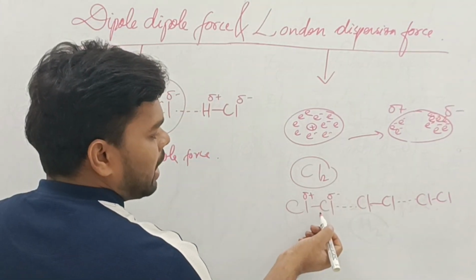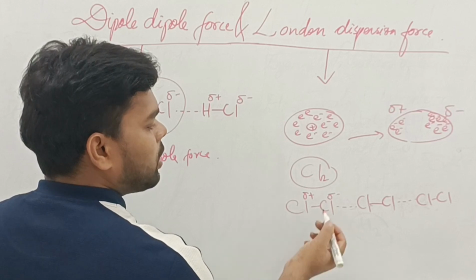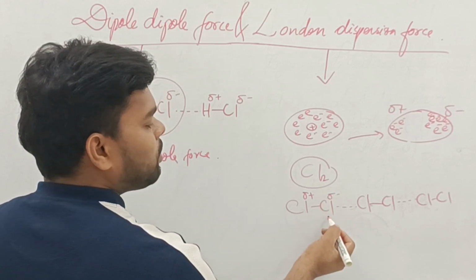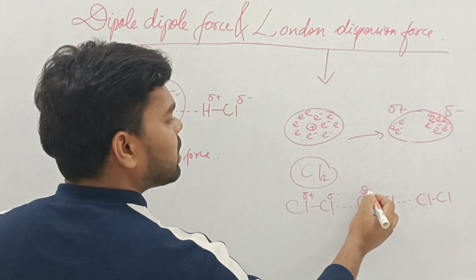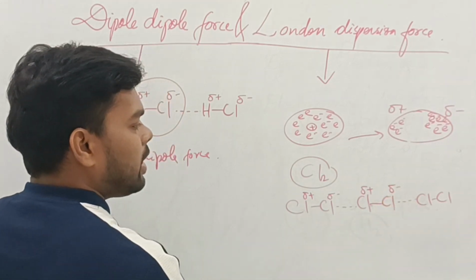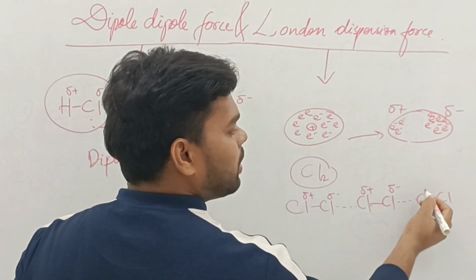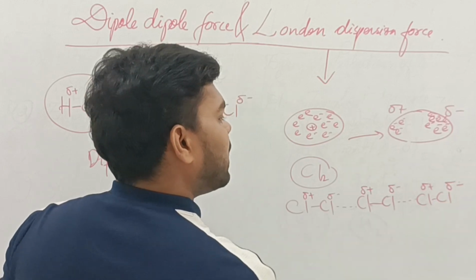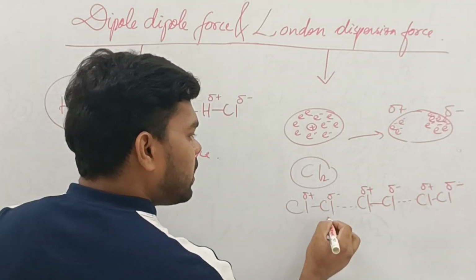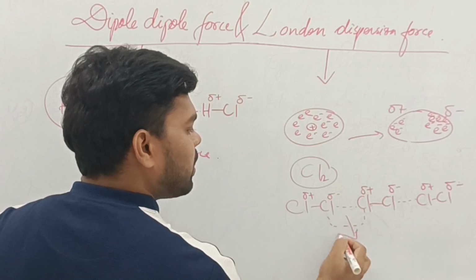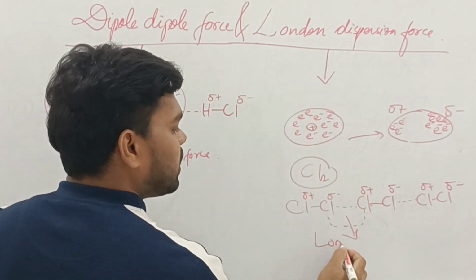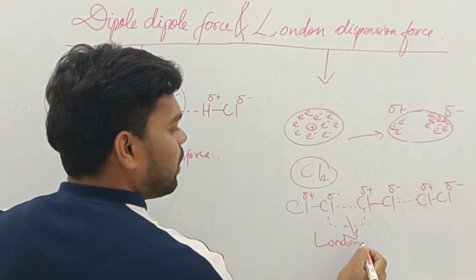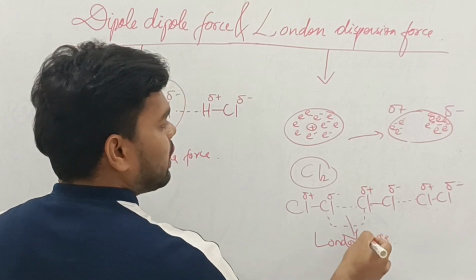Here is a positive charge and a negative charge. Because of this negative charge, it will induce the neighbor to become positive, and again it will become negative. So it will become slightly positive and slightly negative. This interaction is known as London dispersion interaction, or London force.